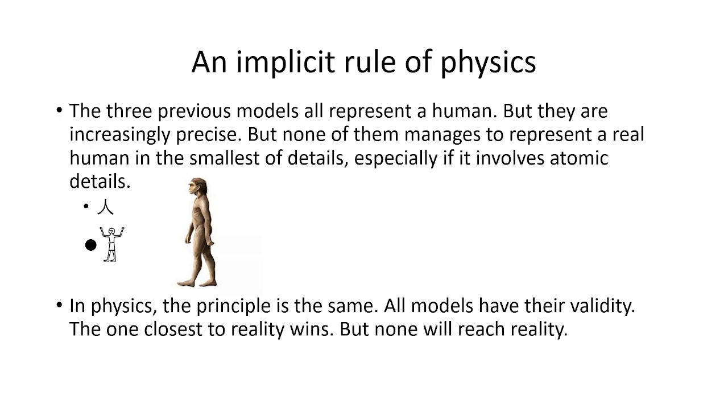But none of them manages to represent a real human in the smallest of details, especially if it involves atomic details. In physics, the principle is the same. All models have their validity. The one closest to reality wins, but none will reach reality.